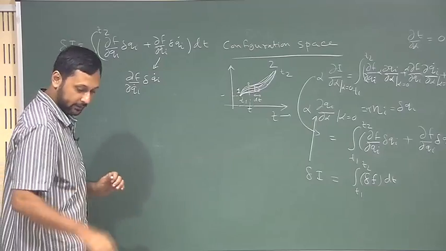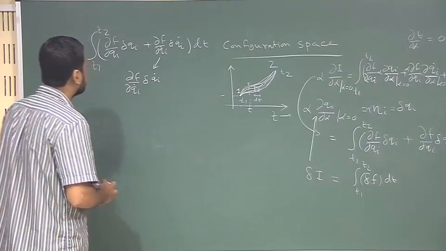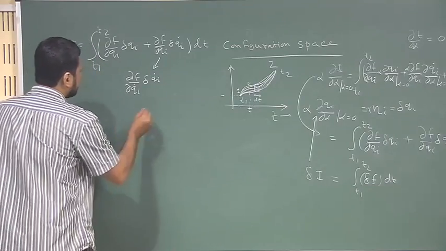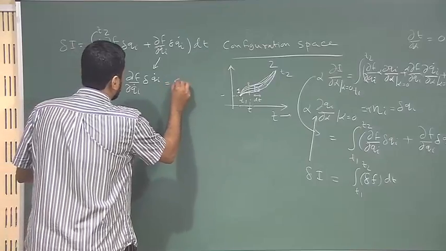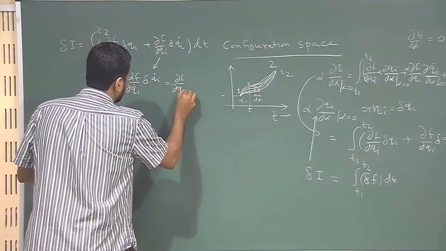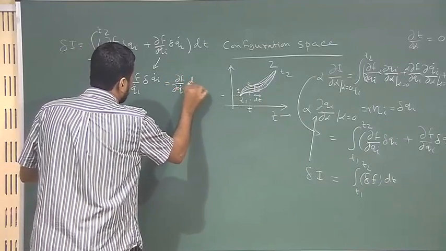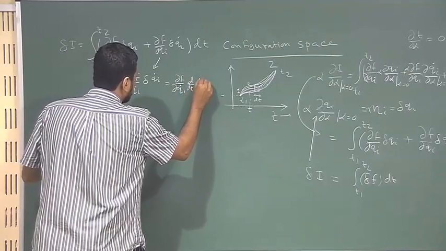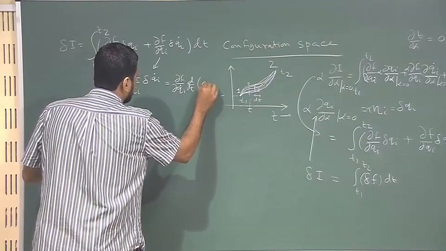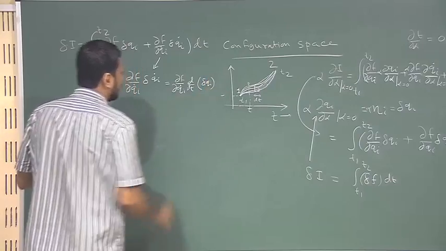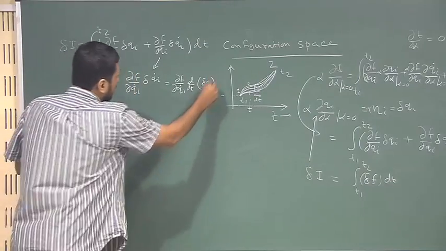So, if this is the case, we can write this term as del f del q y dot d dt of delta q y. Okay, we can do that.